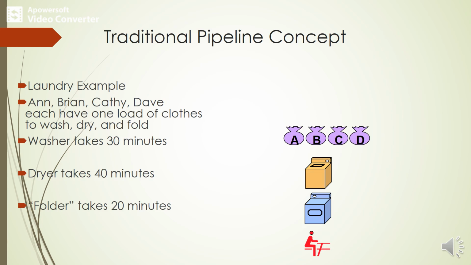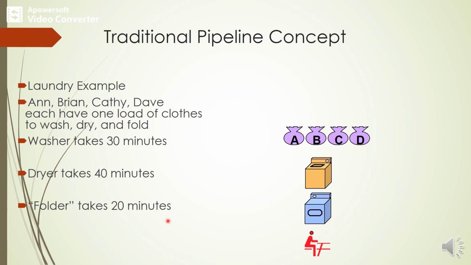Traditional pipeline concept. We'll consider one laundry example. Anne, Brian, Kate, and Dave each have one load of clothes to wash, dry, and fold. In the present example, the washer takes around 30 minutes to wash all the clothes, the dryer takes around 40 minutes to dry, and the folder takes around 20 minutes to fold the clothes.